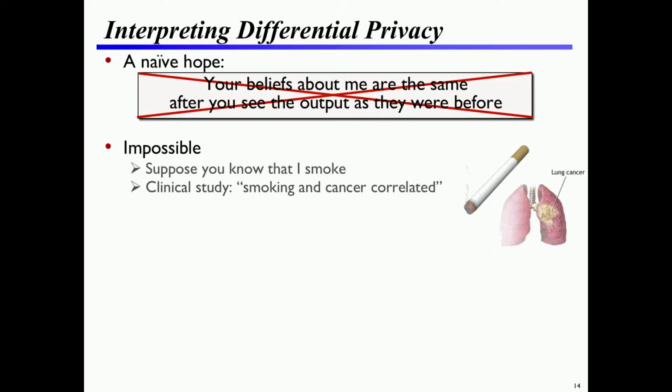And assuming it's the 1960s, first episode of Mad Men, and we didn't already know this to be the case, you were surprised by this, and suddenly you have learned something about me. You have learned that I am a terrible health insurance risk. But that thing that you learned about me was something you learned because of this clinical study. The output of this clinical study taught you something about human health. It wasn't because my data were used in the study.